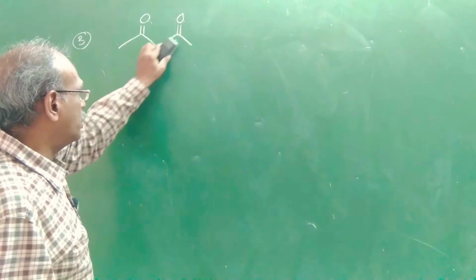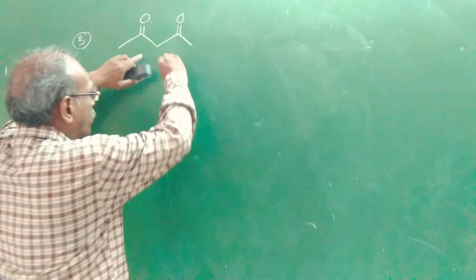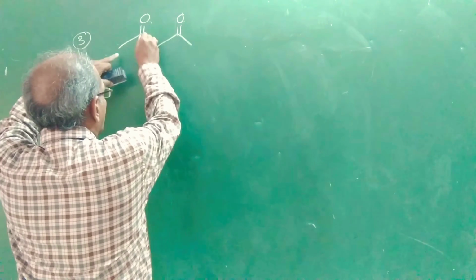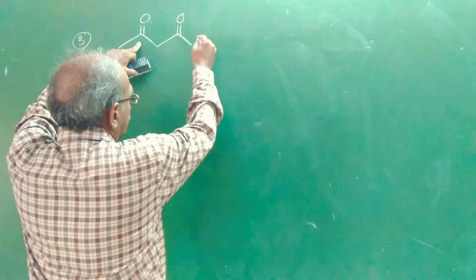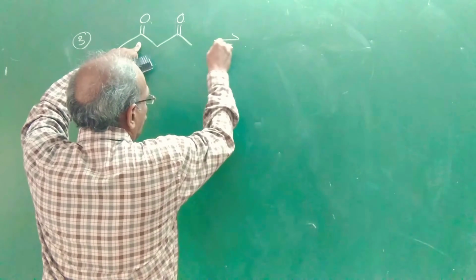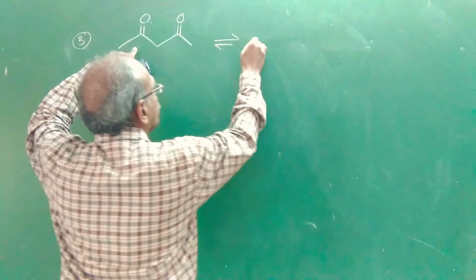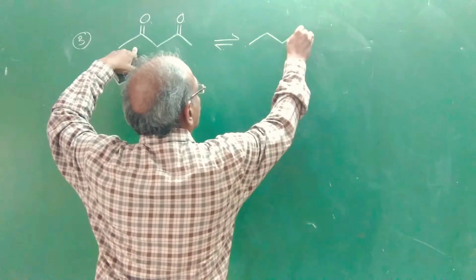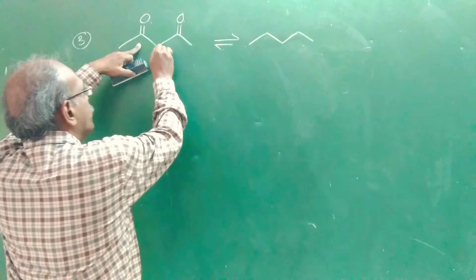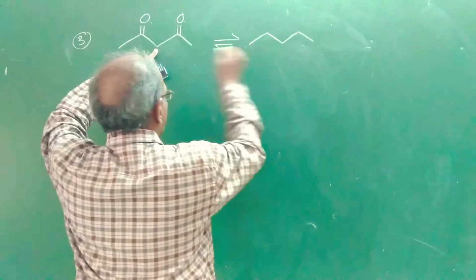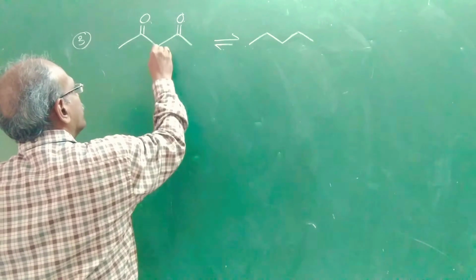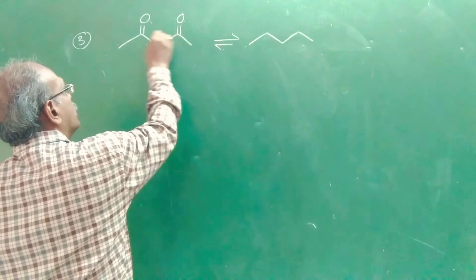This is a beta diketone. Next, if you look at this one, see this hydrogen. We already saw in the first video that these hydrogens participate in tautomerism. Structurally, both the ketones are the same.